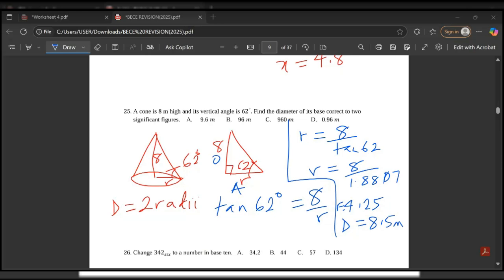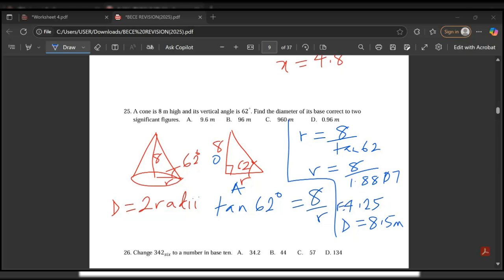So this is opposite, adjacent, all right? Let me check what I used there. We have 62. Let me confirm my workings. 62, tan, okay, 1.8807.